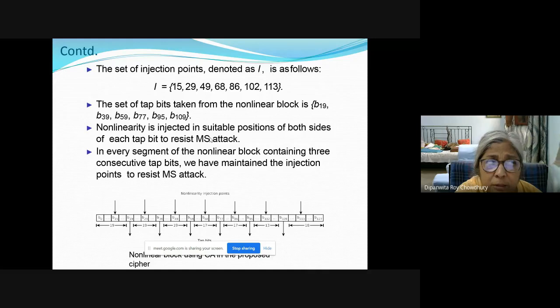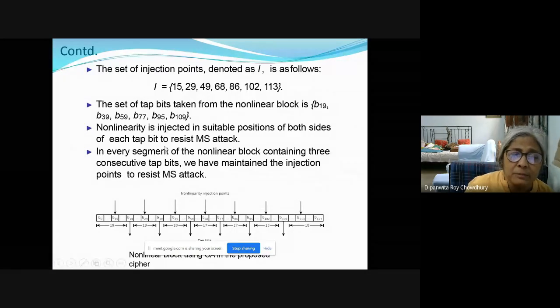Later, in some Eurocrypt paper long back, I think 2004 or something, just after Wolfram proposed that rule 30 may be a good cryptographic primitive, Meier and Staffelbach showed an attack that rule 30 can easily be reversed, that you can get the seed. So that attack we have given the name MS attack, Meier and Staffelbach.